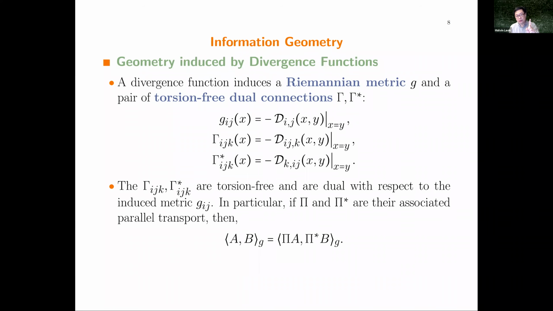And the point is that if you take the first connection and you parallel transport the first vector, and you parallel transport the second vector with the second connection, then the Riemannian inner product between those appropriately parallel transported vectors is the same, right? So in particular, obviously, the Levi-Civita connection is self-dual in some appropriate sense. But more generally, you have these pairs of connections which are dual with respect to the inner product.